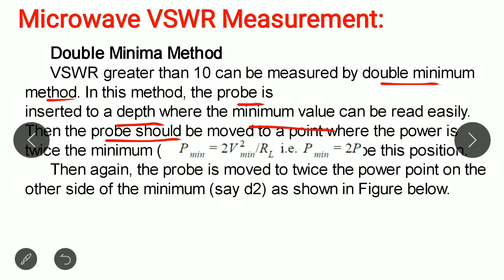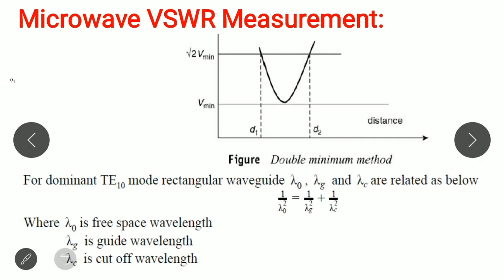The probe should move to a point where the power is twice the minimum, that is P minimum equals V square minimum divided by RL, and therefore the power there equals 2P minimum. So at this particular position, this is D1, and then again the probe is moved to the twice power point on the other side of the minima, say D2. So likewise we measure D1 and D2.